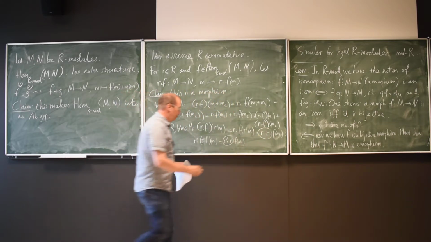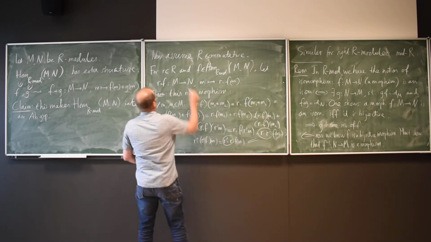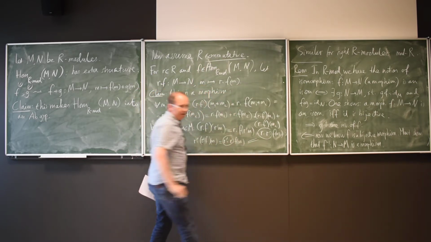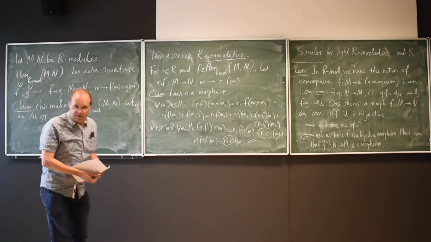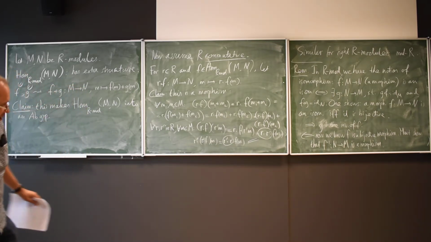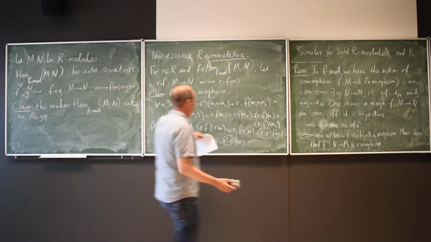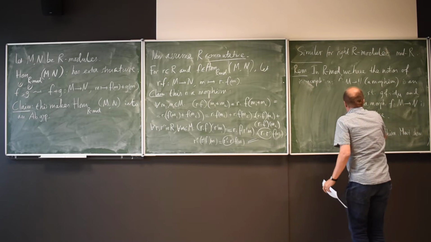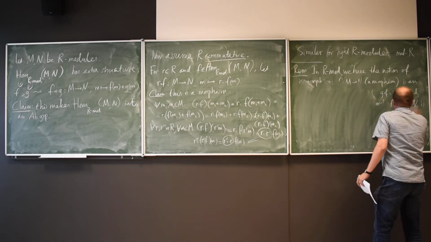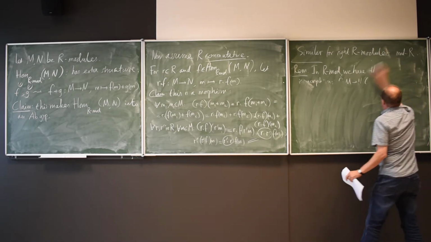And they are equal because the ring is commutative, right here. That is why you have this. So, if the ring is commutative, then we can also multiply morphisms by elements of the ring and still have a module morphism.